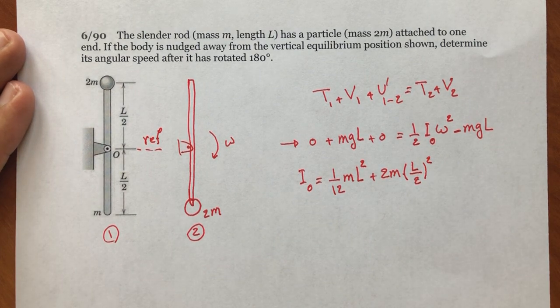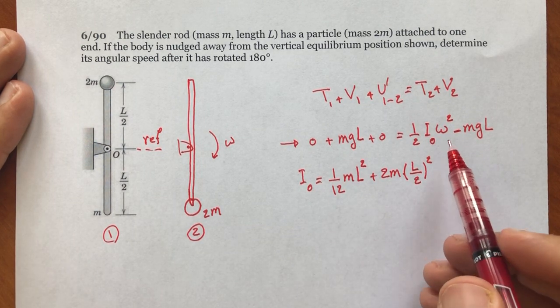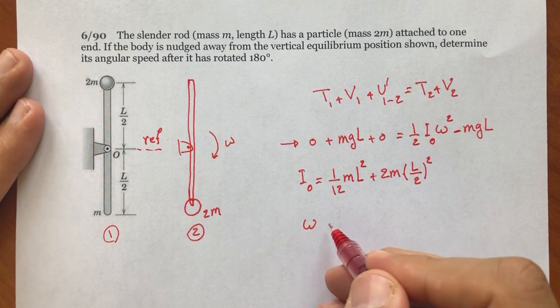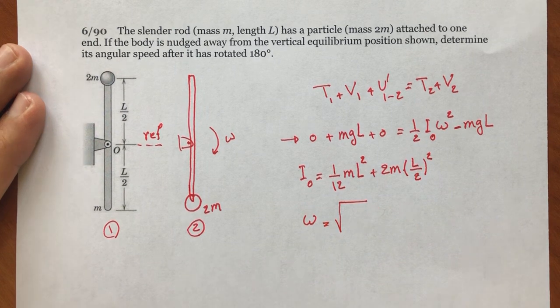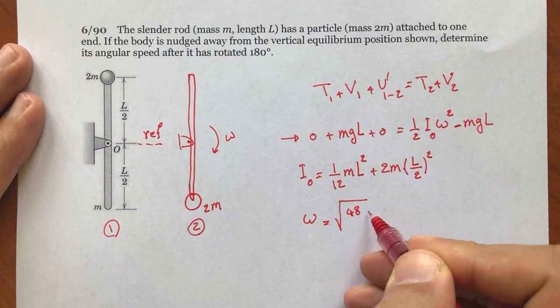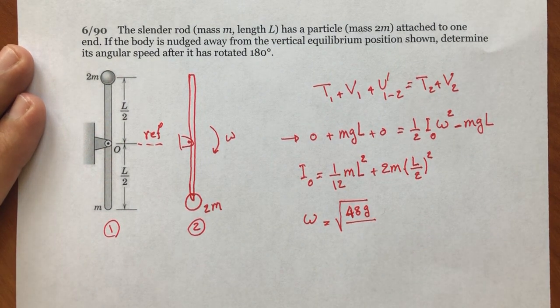So this is going to be I of the whole system about O. If you put this here and simplify everything, you're going to find omega. Omega is going to be equal to the square root of 48 times g divided by 7L.